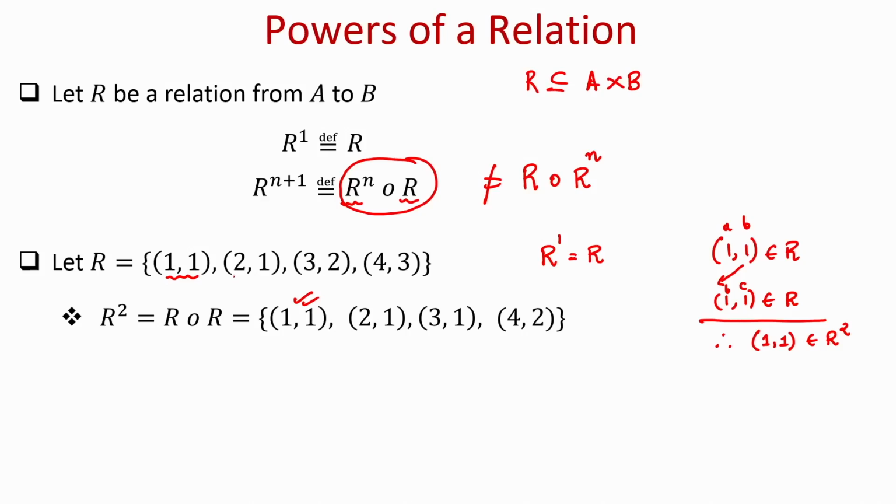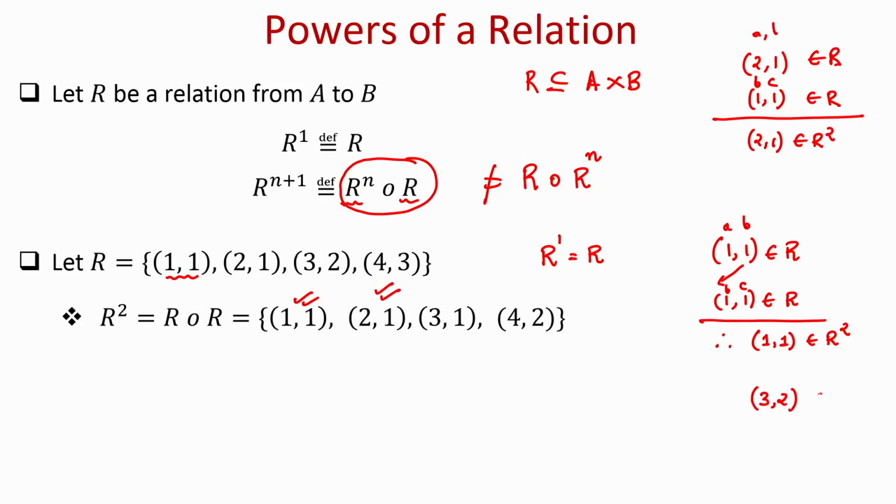Now, take the tuple 2 comma 1. This is your A comma B and you have the tuple 1 comma 1 also present in R. This is your B comma C. Therefore, A comma C should be in R square, that means 2 comma 1 will be in R square. If you take 3 comma 2 present in R, this is your A, this is your B and you have 2 comma 1 present in R as well.